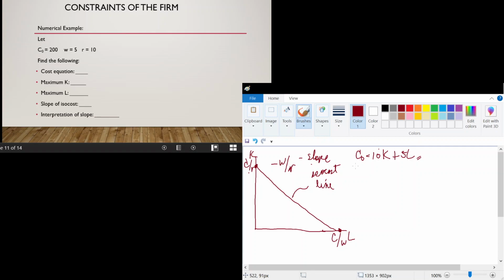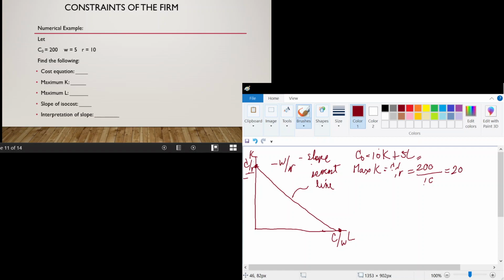So, what is the maximum K? Di ba sabi natin kanina, ito yung formula natin. So, we have C over R. So, we now compute. So, we have C equals 200. So, 200 divided by R equals 10. So, 200 divided by 10 is 20.